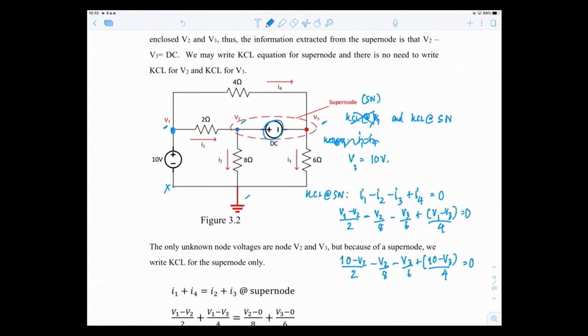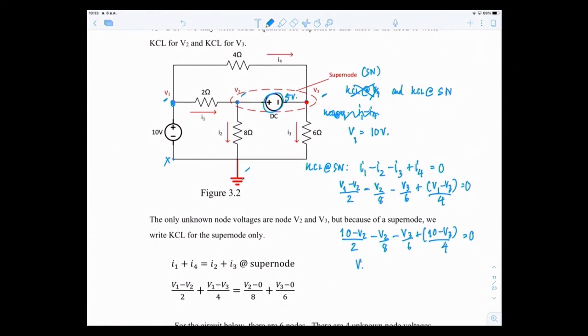If this DC source is, let's say, 5 volts, then my other equation would be V2 minus V3 equal to 5, taking V2 as positive because it's positive here. So this is my second equation.